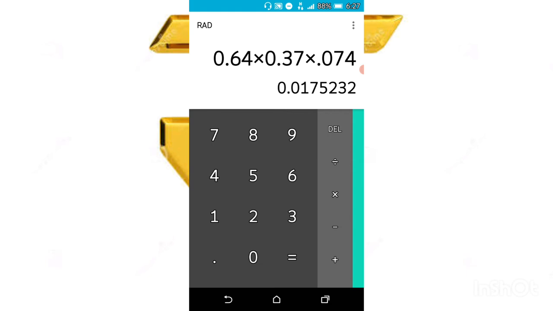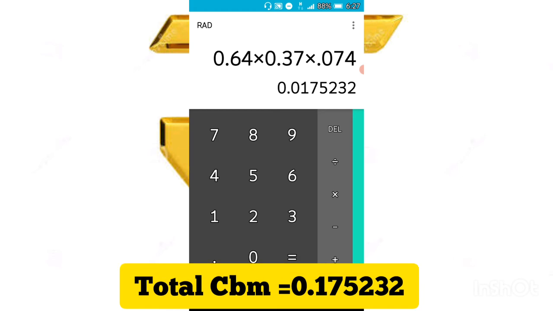That's for the height. So 0.64 is for the length, while 0.37 is for the width, while 0.74 is for the height. So we got our final answer, 0.0175. Let me screenshot this final answer.